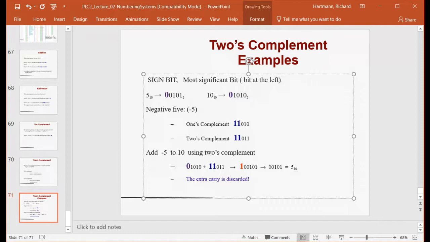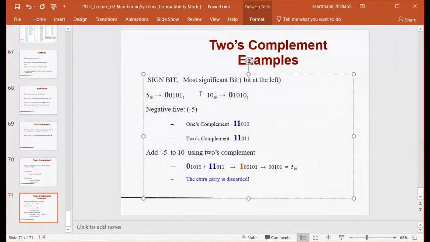Okay, and so it turns out that if you use a sign bit, this is the sign bit. So we had the number 10, which took 4 bits in binary, and so we had to use 5 bits because the 5th bit is the sign bit. So to do this math, I just used 5 bits.